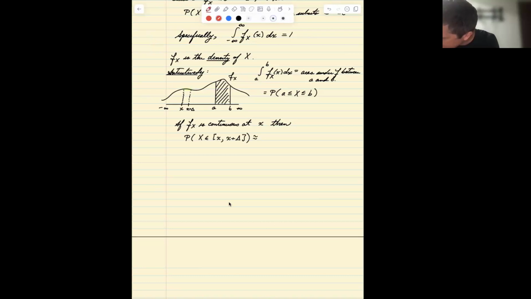And if you look at it as a rectangle, the area of this rectangle is close to the area under the curve, right? But what is the area of the rectangle? Well, it's the base times height. The height is approximately f of x, and the width is x plus delta minus x, which is delta.